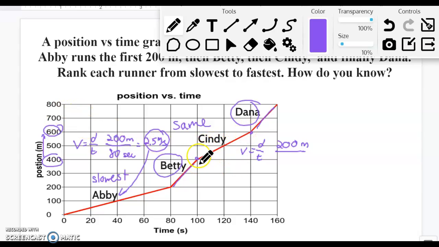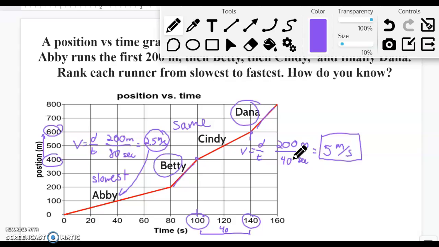From where she started, if I follow it down, she started at 100 seconds and she ended at 140 seconds. So be careful of that. The time's not 140, it's just 40 seconds in between. If I divide those, I get 5 meters per second.